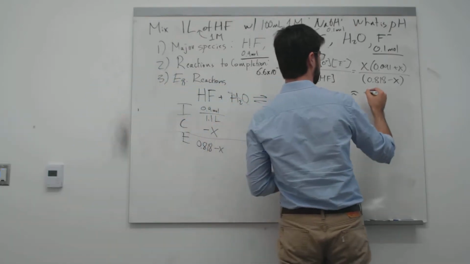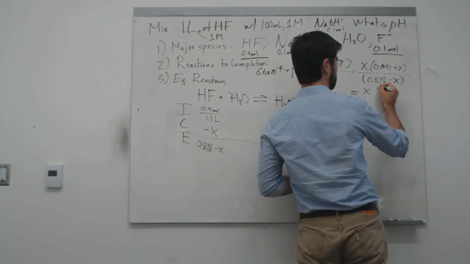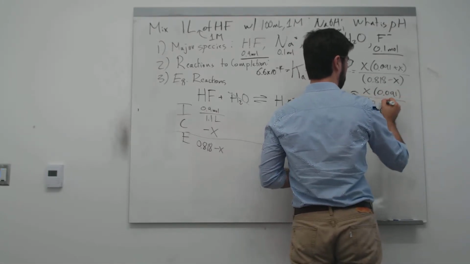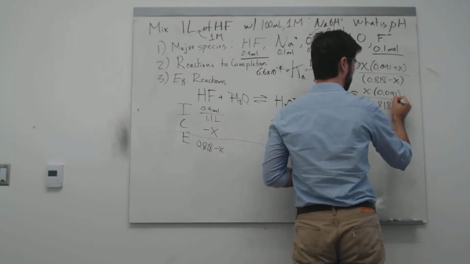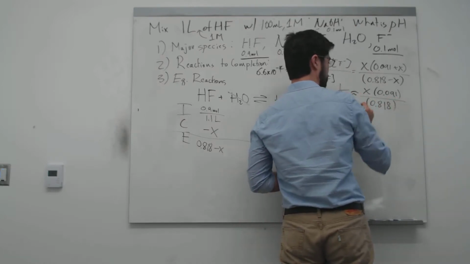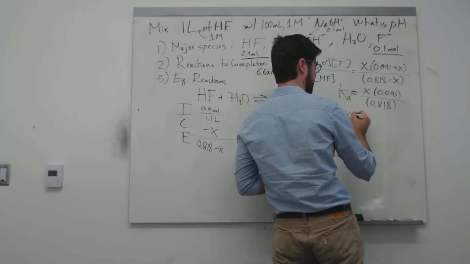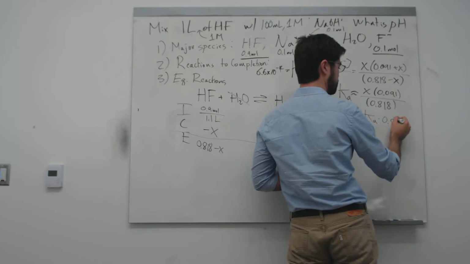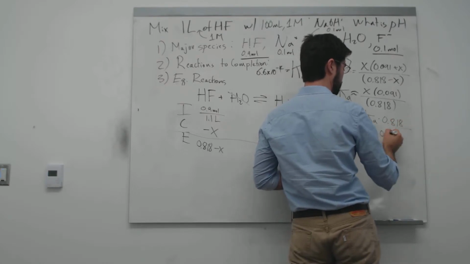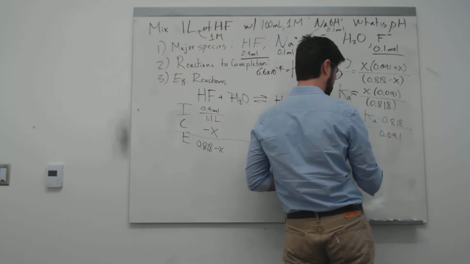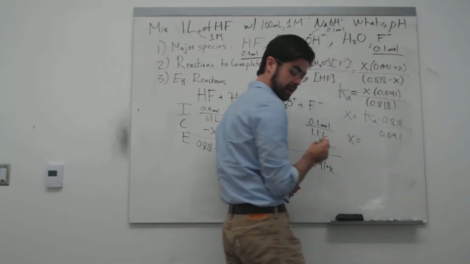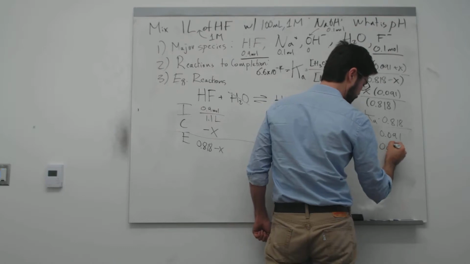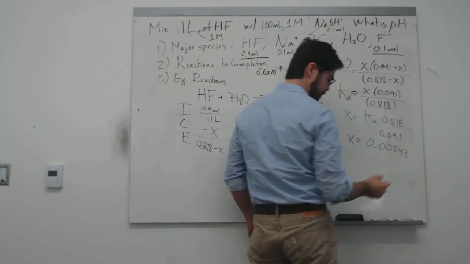So I will assume that this ends up being approximately equal to 0.091 divided by 0.818 should be equal to Ka, and then I can say x should be equal to Ka times 0.818 over 0.091, and then I predict that x here should be about 0.00593.